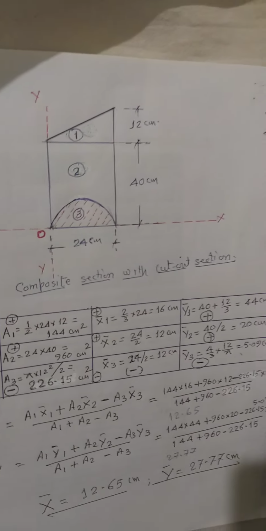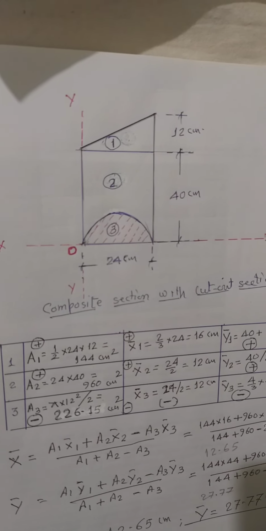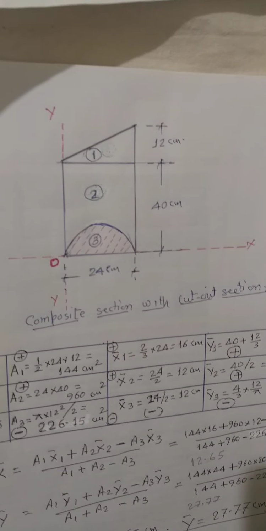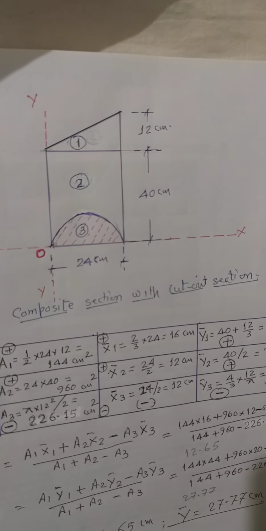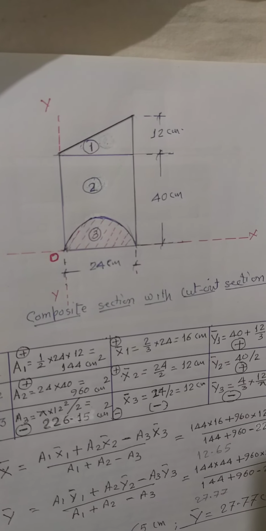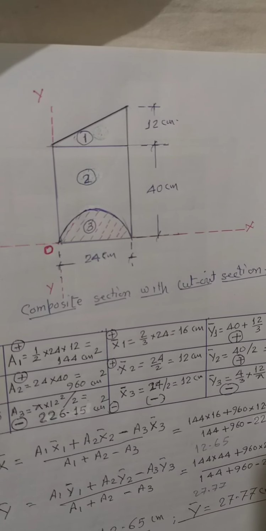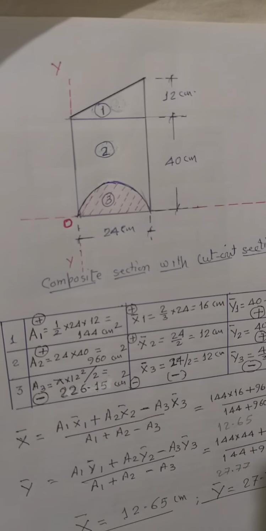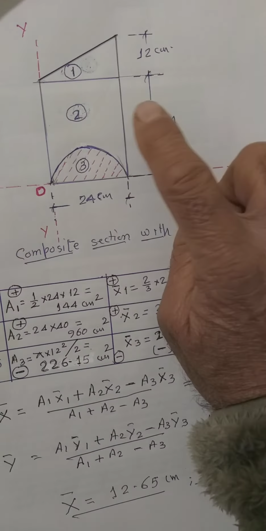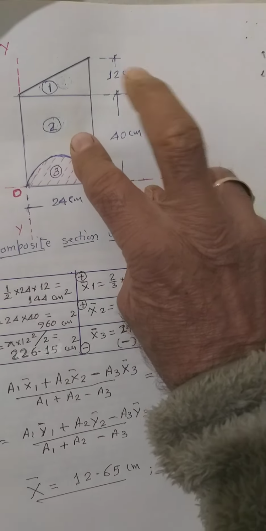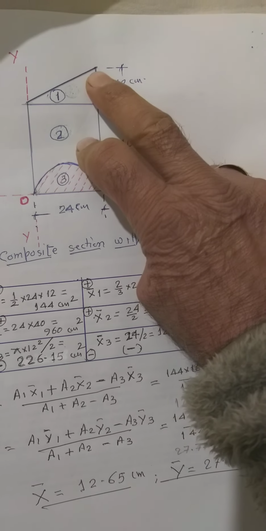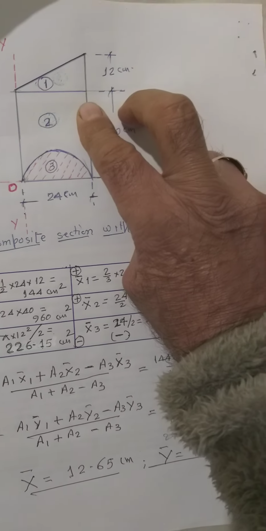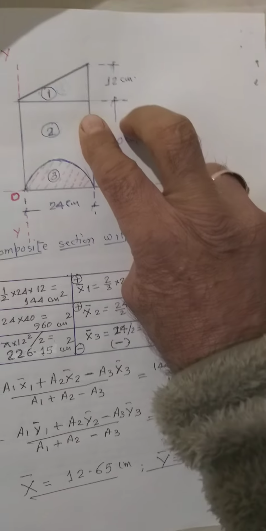But here the case is different. This is a composite section with a cutout section. Why? Because this is one figure, this is another figure, figure number 1 and figure number 2. They are combined together as a composite figure.